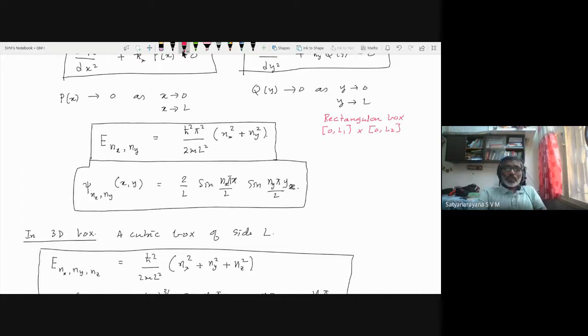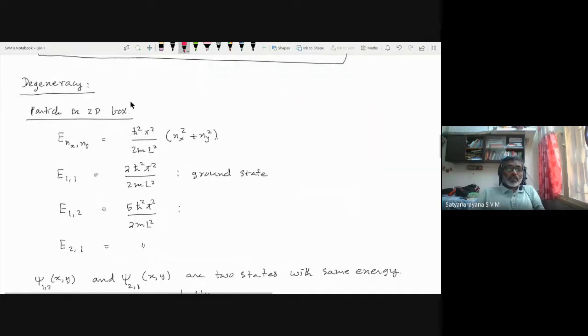Then what happens to these energy eigenvalues? E(nx, ny) is equal to h bar square pi square by twice m times (nx square by L1 square plus ny square by L2 square). Now, since L1 and L2 are different, we don't have a situation where 1 2 and 2 1 are the same.